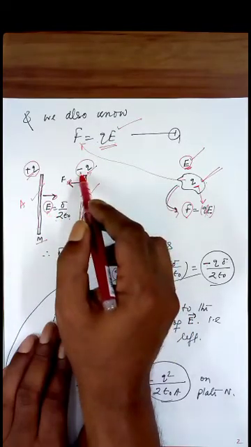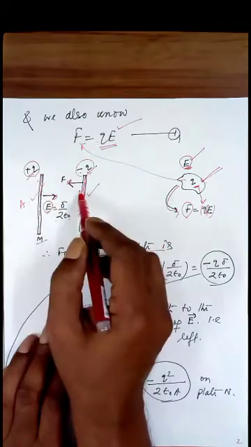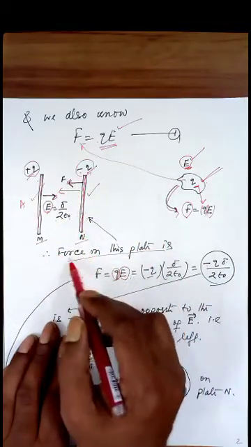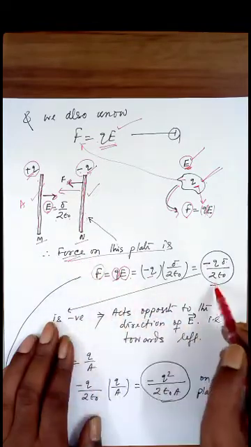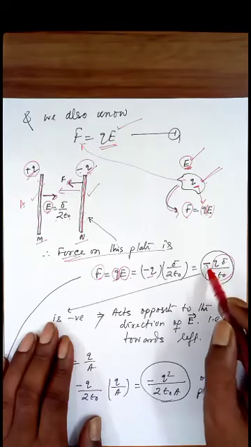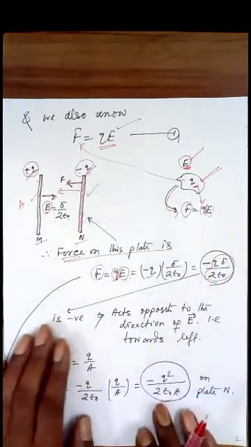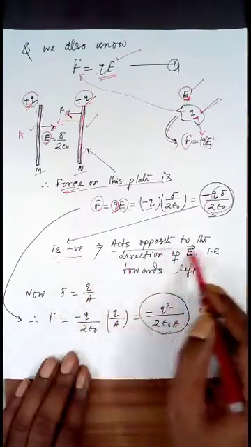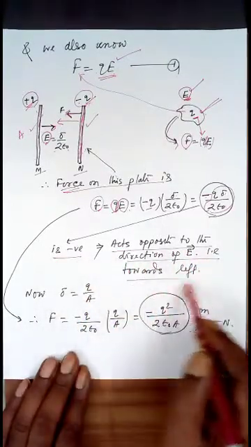Means this being negative, this being positive, this will attract this plate, right? So on this plate N, the force is F equal to Q sigma by 2 epsilon naught. The negative means to this side, opposite to the direction of E, that is towards the left.